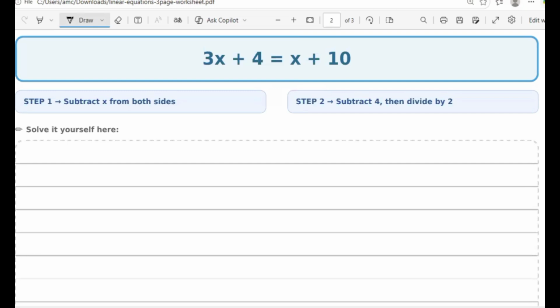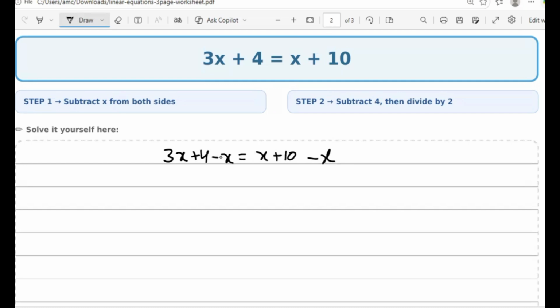For this, we subtract x from both sides. First of all, we write down this equation: 3x plus 4 is equal to x plus 10. Now we subtract x from both sides.